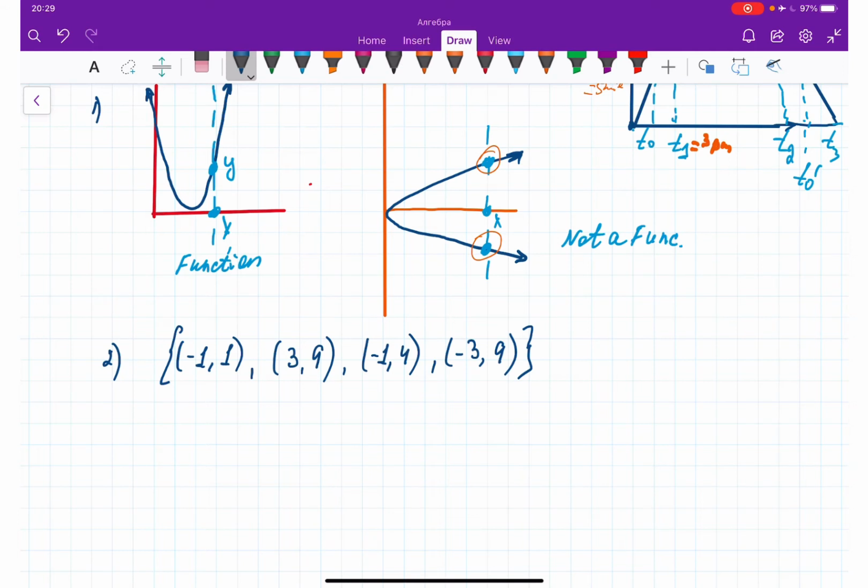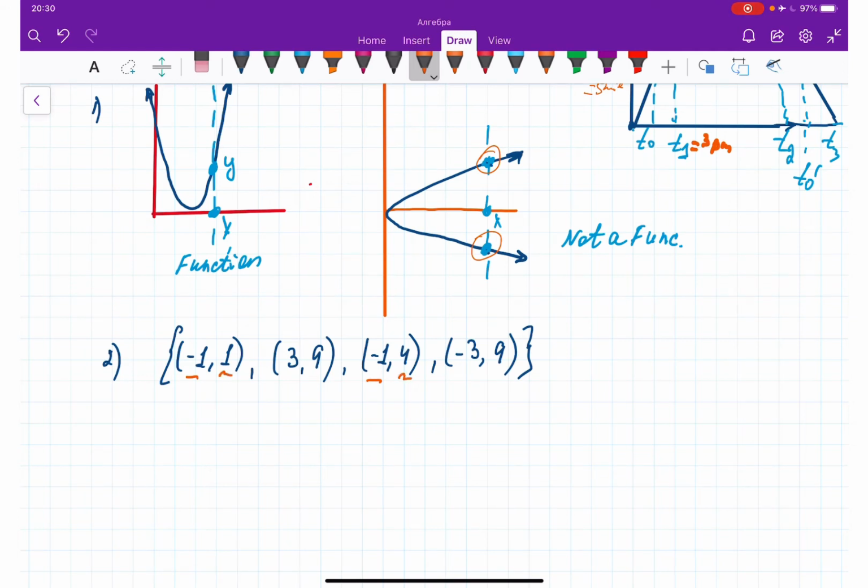So we are looking at our x, whether the same x has two y's. If the same x has more than one y, that means it's crossing the graph in more than one point, and therefore these coordinates do not represent a function. So here I have -1, and it's crossing 1, and it's crossing 4.